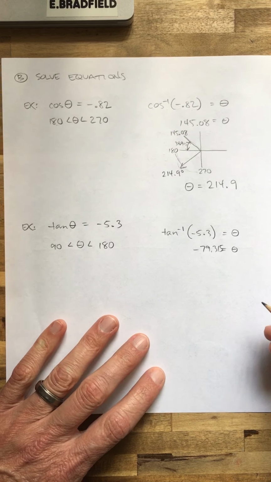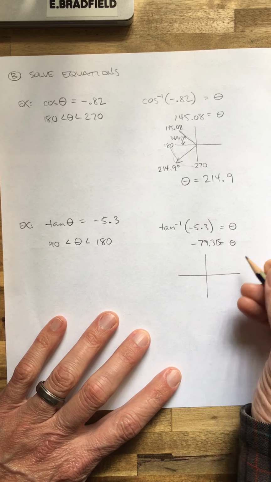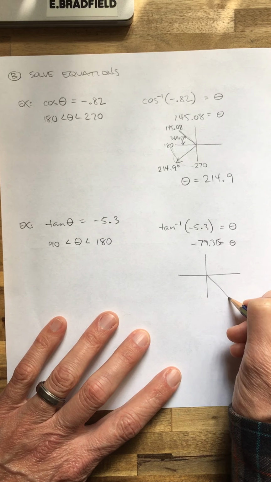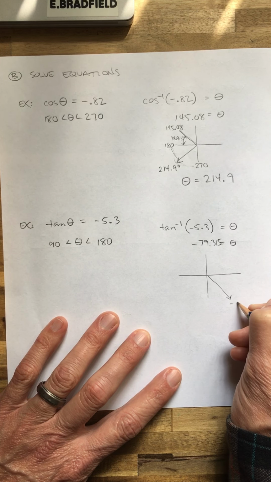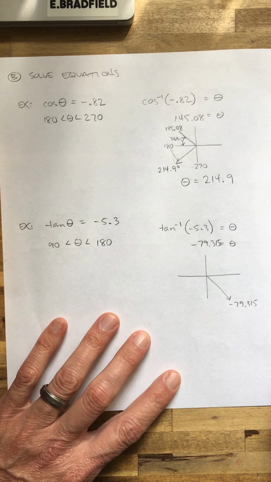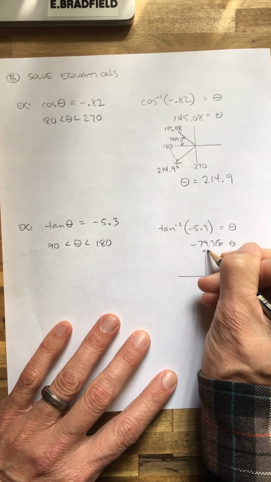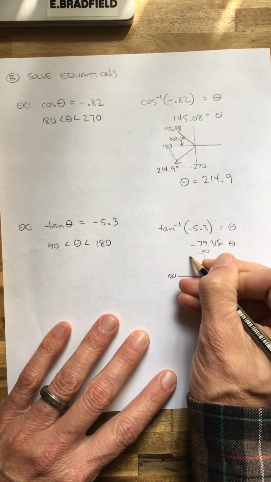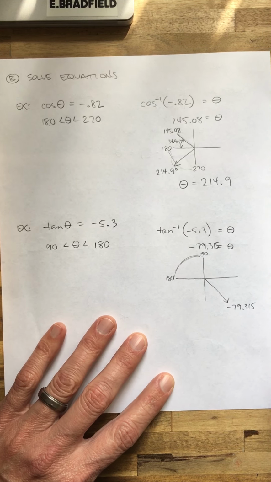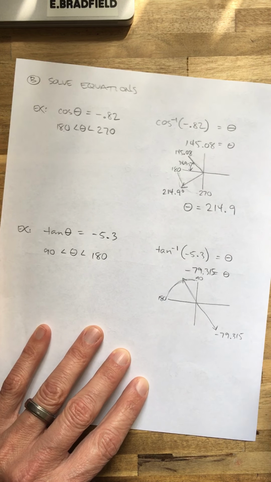So I'll draw a little picture so you can see it. I know that my theta right here is negative 79.315, that's right about there. But we want my angle between 90 and 180, so we want it up in that section. So it's going to be basically right there.